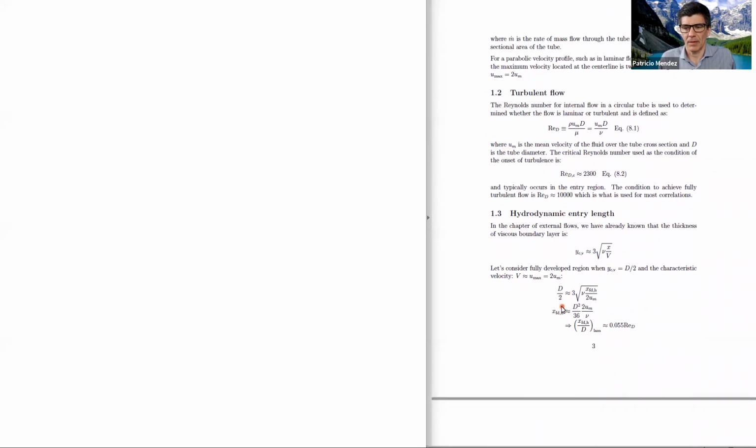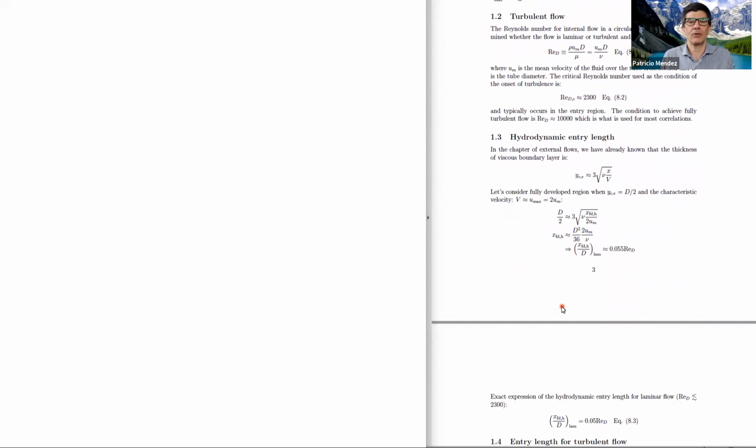We also mentioned that the criterion for turbulence is different from the criterion we had on a flat plate. On a flat plate, turbulence is triggered when we reach a critical Reynolds number based on the length of the boundary layer, and that critical Reynolds number was 5 times 10 to the 5. In the case of flow inside a circular tube, we determine the Reynolds number based on the diameter of the tube, not the length downstream.